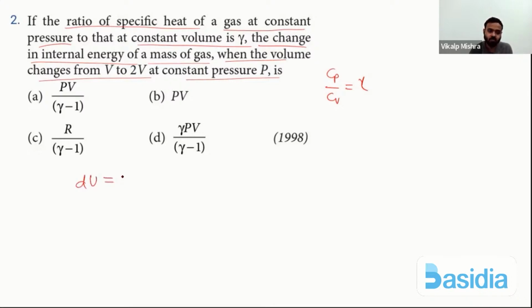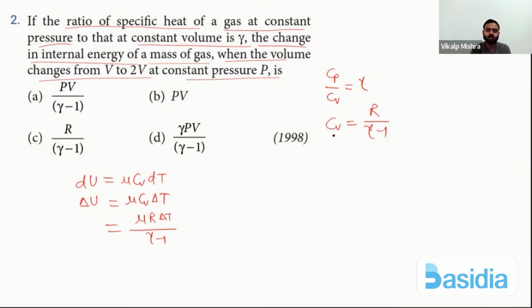We have already seen that formula, mu Cv dT or delta T. First we write dU equal to mu Cv dT, and then we can convert this formula into delta U equal to mu Cv delta T. And we have already defined one formula of Cv, that was Cv equals R upon gamma minus 1. Put this Cv here, so it will become mu R delta T divided by gamma minus 1.